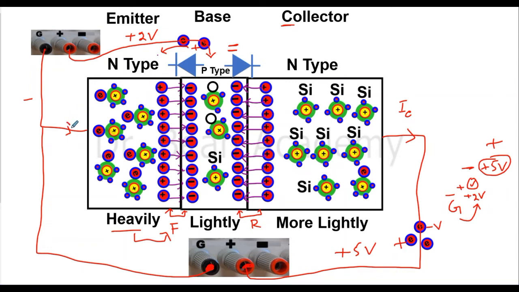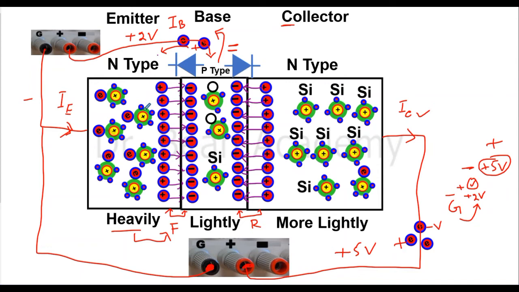We also get current from the emitter, which goes towards the base, and we call this current IE, meaning the current from the emitter. Similarly, we also get current from the base, and we just have seen that in the common emitter setup, for a small base current, which we can write as IB, we get an amplified IC current.